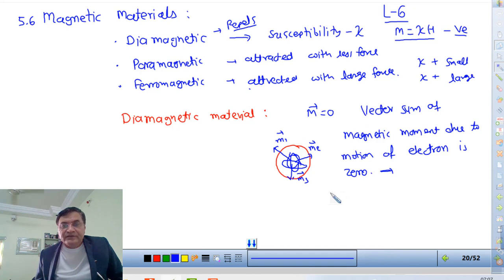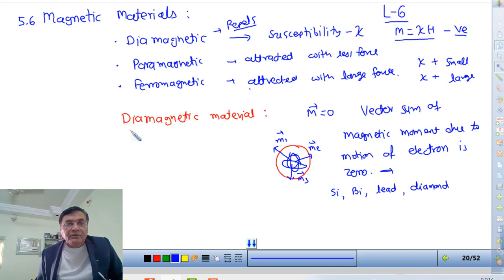Some examples, as I told you: silicon, it is already listed, bismuth, lead, diamond. Okay, these are the examples of diamagnetic materials.